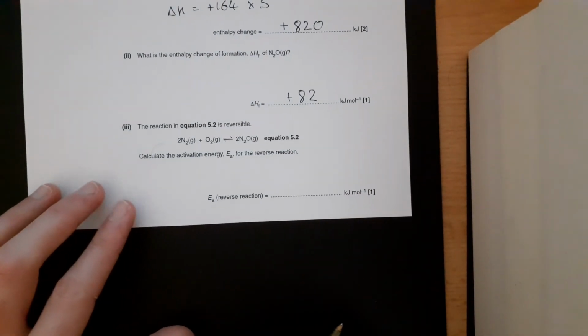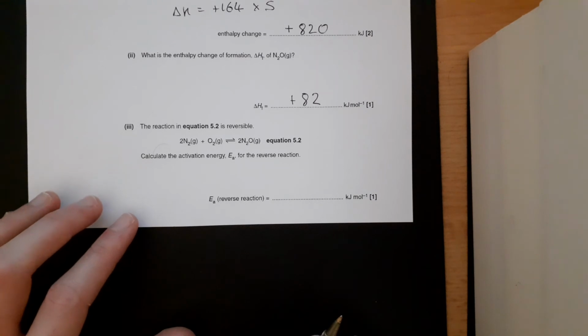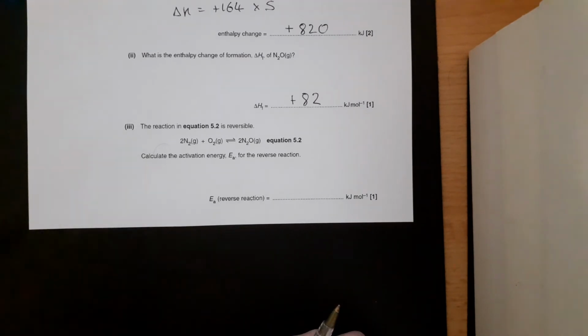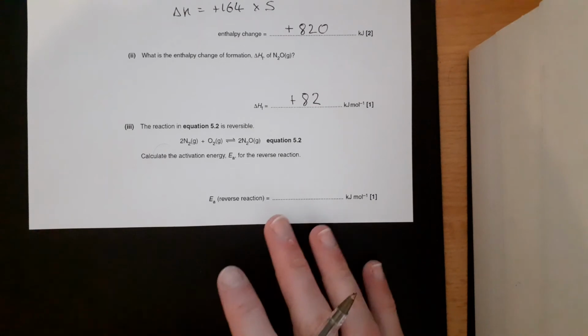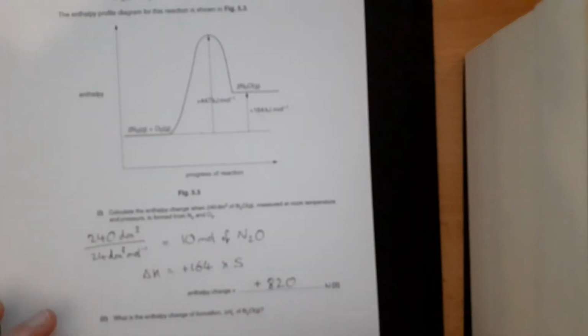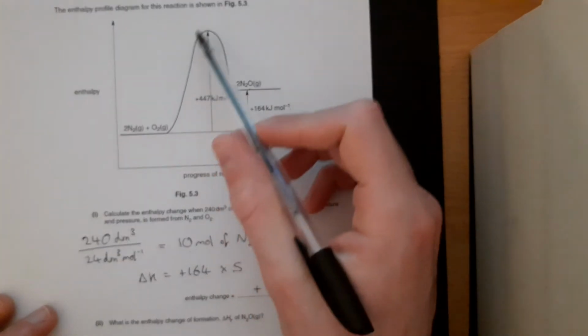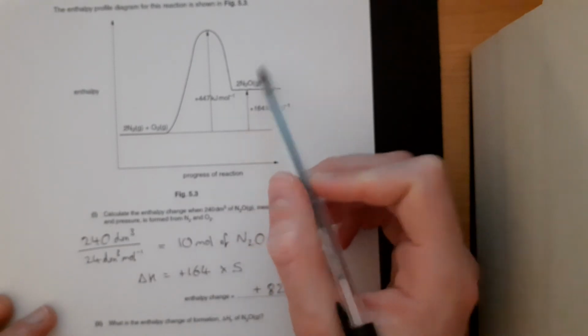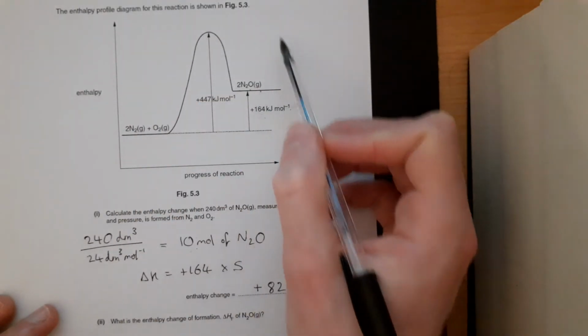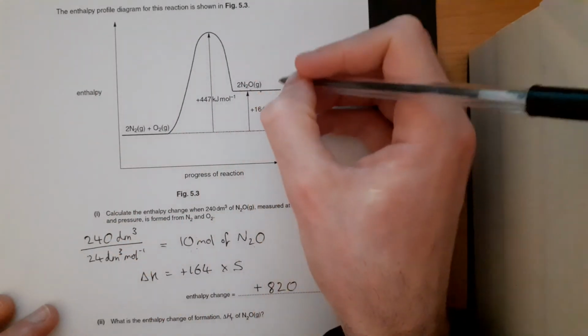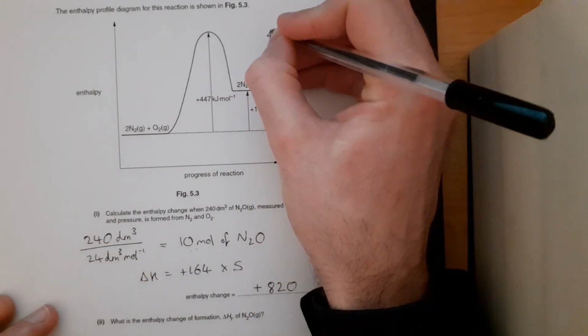And then finally, it says this reaction is reversible. Calculate the activation energy for the reverse reaction. So this is kind of similar to the question that we've just seen. But if we go back to our diagram here, the difference here is that this reaction is endothermic. So if I'm going backwards, if I'm starting here and going that way, then my activation energy is just going to be that part there, isn't it?